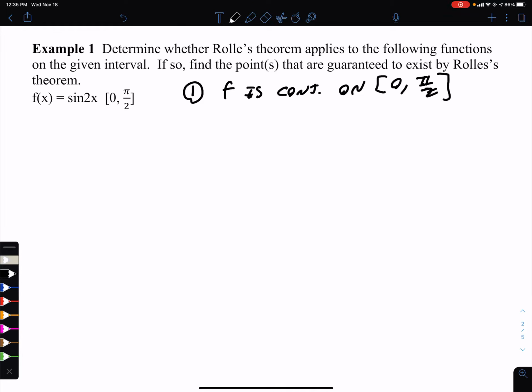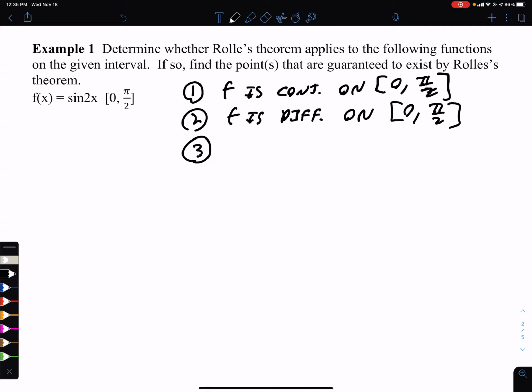So step 2, I'm going to claim f is differentiable on 0 to pi over 2. So we learned that the sine function is differentiable everywhere. There are no sharp points. There are no discontinuities. So our first 2 things are met. Step 3, we need to show what f of 0 and f of pi over 2 are.